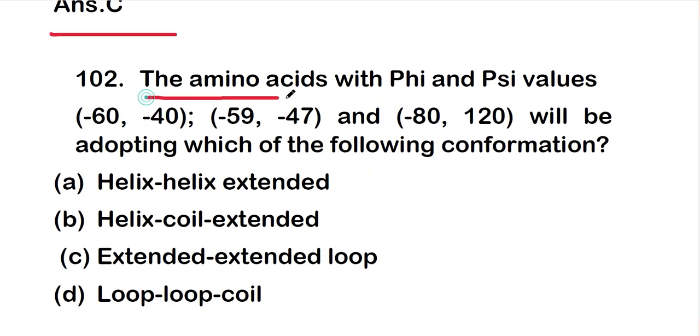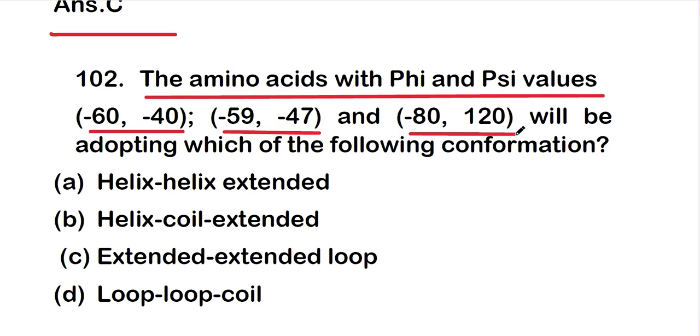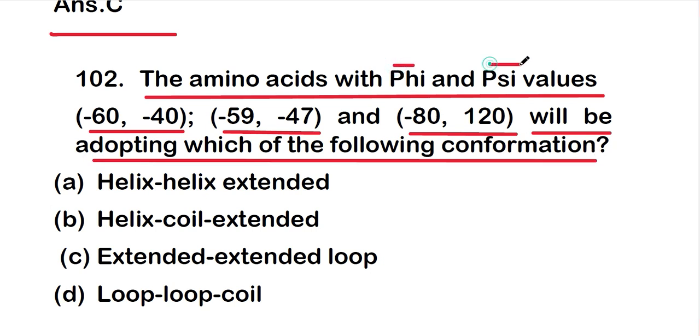So the amino acid with phi and psi values, that is minus 60 and minus 40, minus 59 and minus 47, and minus 80 and 120, will be adopting which of the following conformations of secondary structure?